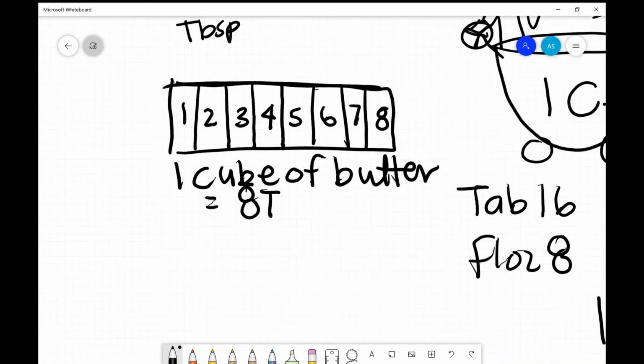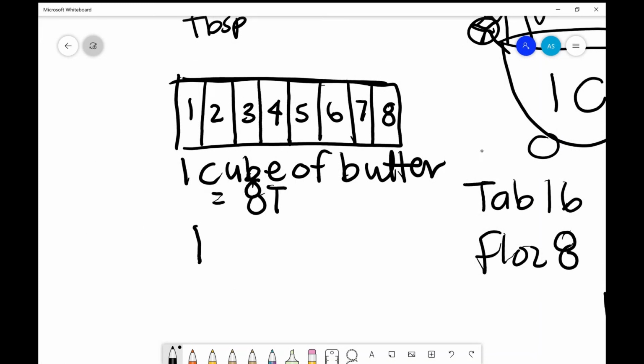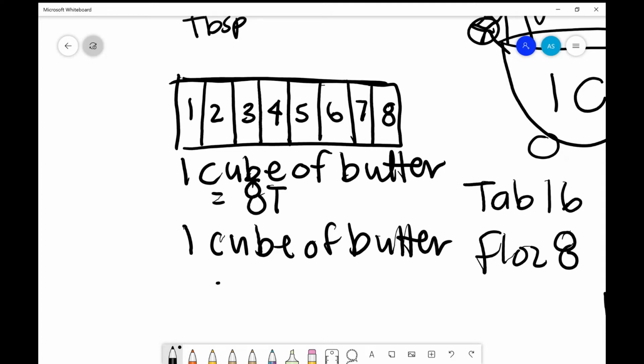So half of that, we know, wow, this really looks so bad on here. It's hard to write on it. 1 cube of butter is equal to 1/2 cup. So those are some things we want to remember about butter.